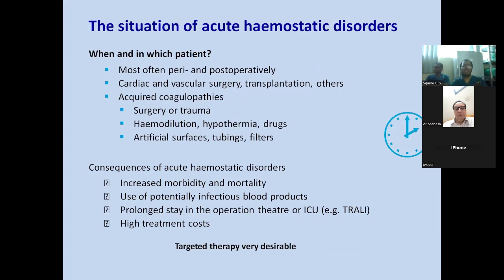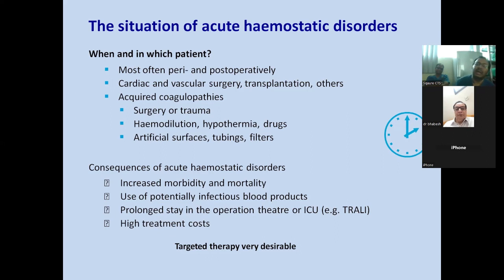What are the situations we usually face in case of acute hemostatic disorders? When and in which patients? Most often we find it peri- and post-operatively, in cardiac and vascular surgery, transplantation, and others like acute coagulopathy, trauma, and hemodilution. What could be the consequences of these acute hemostatic disorders?